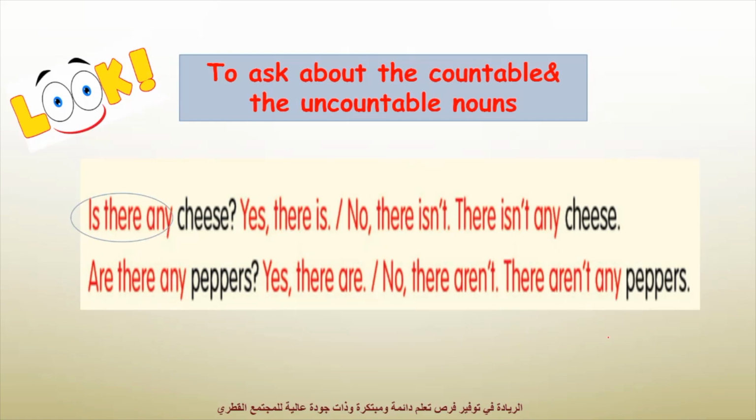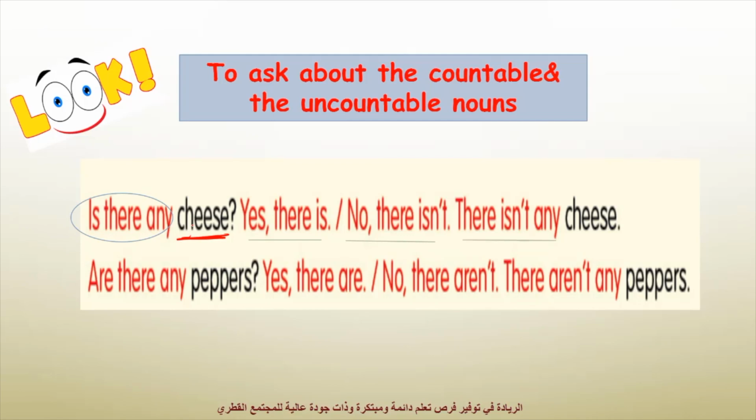With the uncountable noun we use is there. Like the example here, is there any cheese? The cheese is an uncountable noun and we can answer in the affirmative form using yes, there is. In the negative form we have two ways to answer. No, there isn't, or there isn't any cheese.